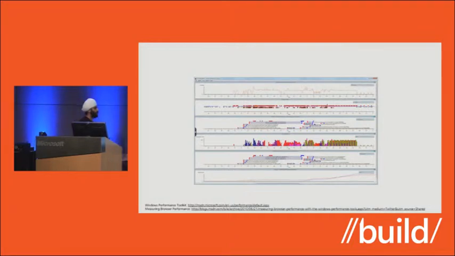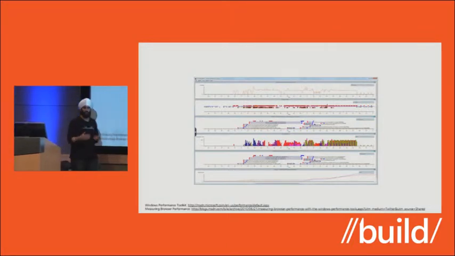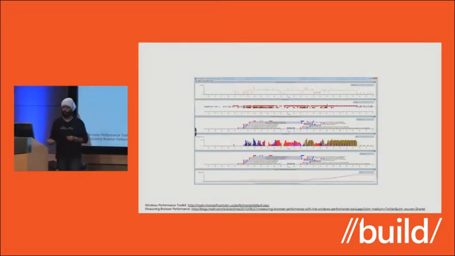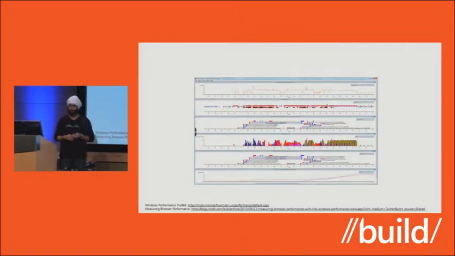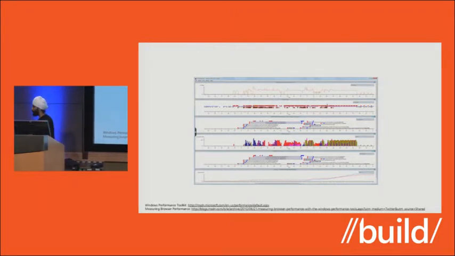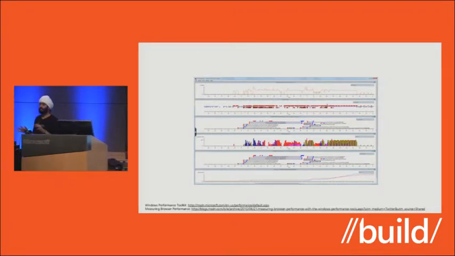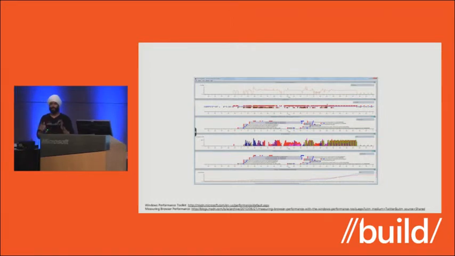Okay, so on the Windows platform, you can measure these metrics inside IE or any other browser running on the Windows platform using the Windows Performance Toolkit, which you can get as a free download from Microsoft as part of the Windows SDK. This tool is fantastic. If you haven't used it, I strongly encourage you to download it and try it out. There are a few links at the bottom of the slide.